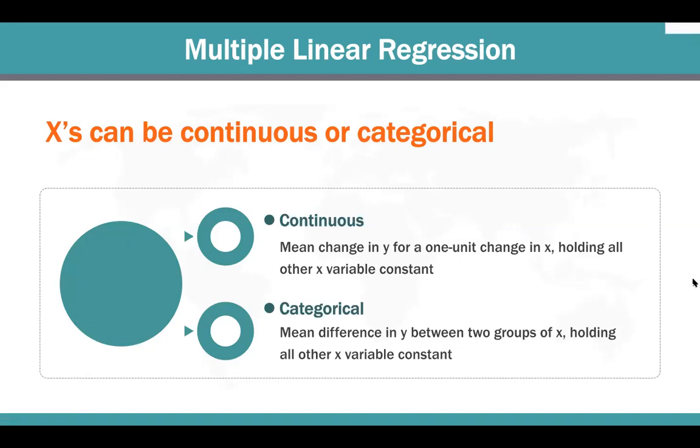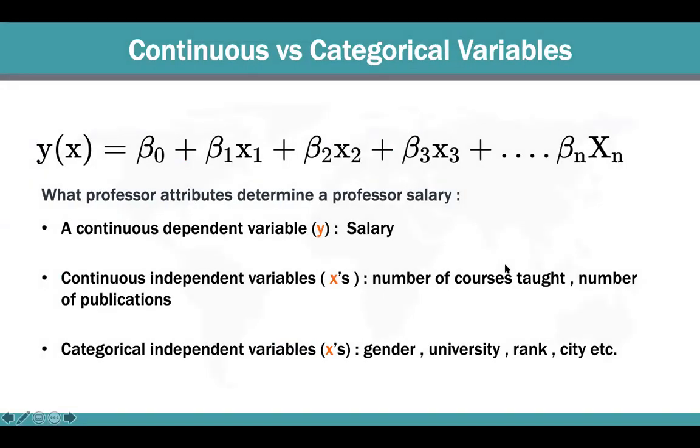So if we want to analyze what may affect a professor's salary, a continuous dependent variable may be just the salary, and continuous independent variables may be the number of courses taught and the number of publications.